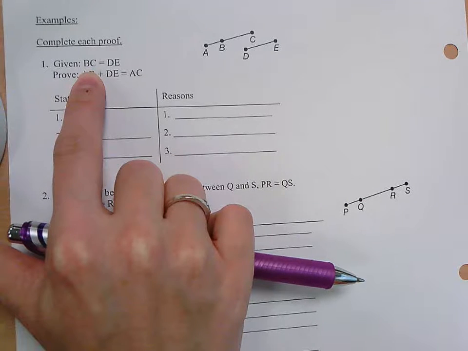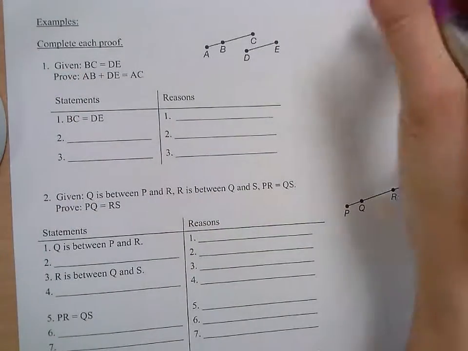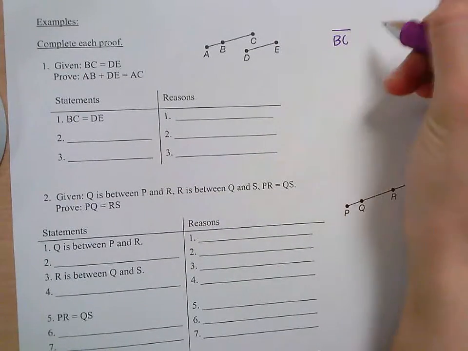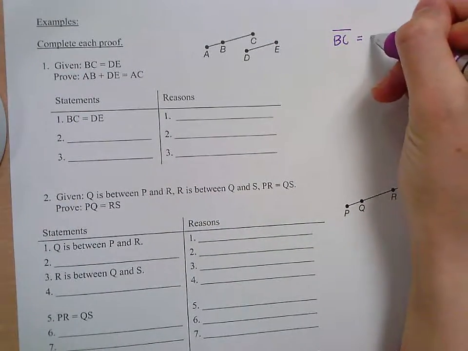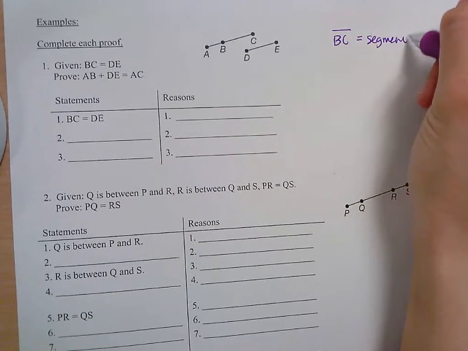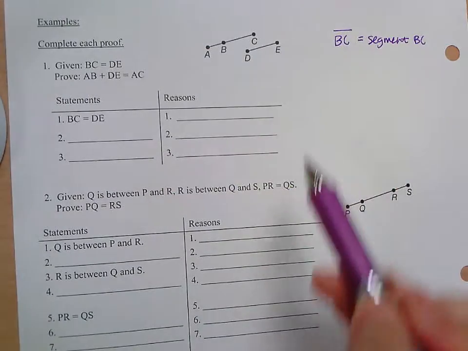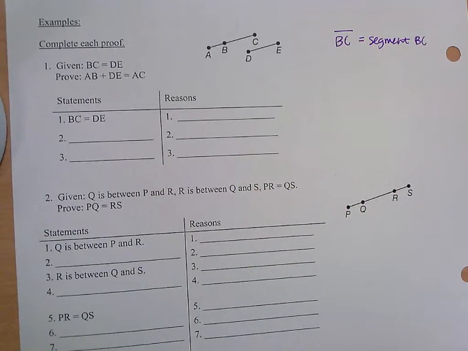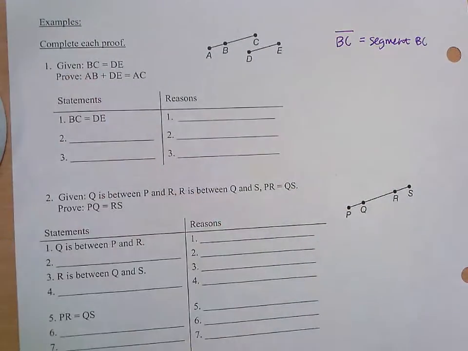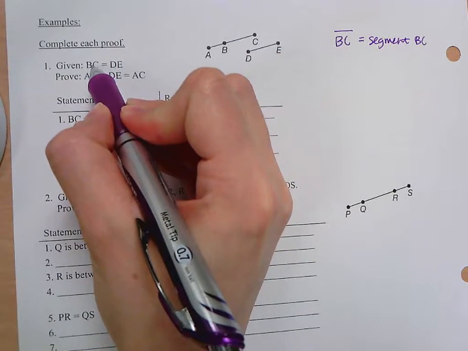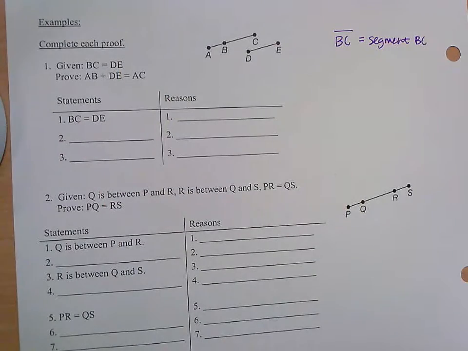The line segment, what about the line segment? Because if I had this, it would represent segment BC. So if the segment symbol is above it, that means segment. What does it mean if there's no line above it, Emma? The measure. So this is saying the measure of BC is equal to the measure of DE.